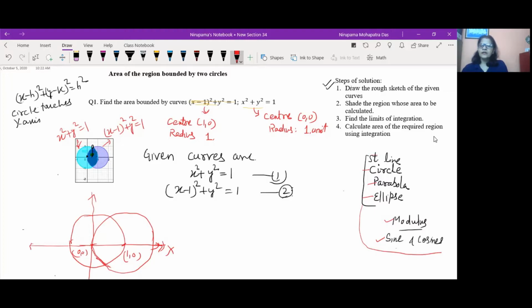Secondly, since it is an application of integration, of course integration will be used. Even if you are not very good at integration, don't worry.